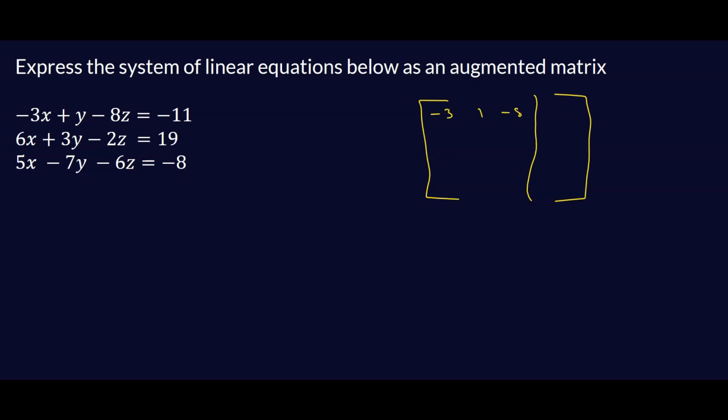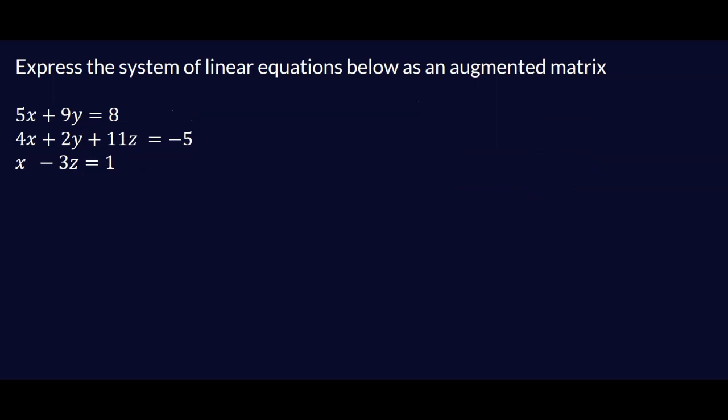We have negative 3, 1, negative 8, and negative 11 over here. Then 6, 3, negative 2, and 19 over here, and then 5, negative 7, negative 6, negative 8. So this really shows you how you go about writing your matrix in augmented form.